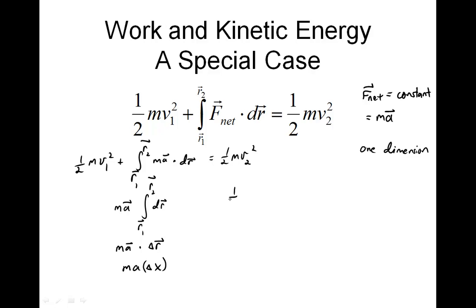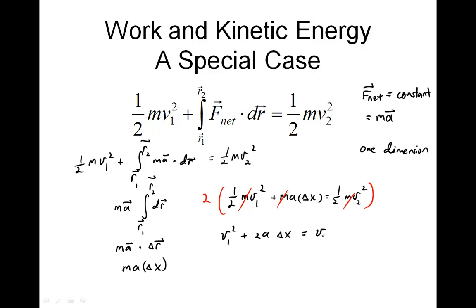And so what I end up with is 1/2 m v1 squared plus m a delta x equals 1/2 m v2 squared. You'll notice the mass is in each term, so it goes away. And then let's just multiply both sides of the equation by 2. And if I do that, I get v1 squared plus 2a delta x equals v2 squared.